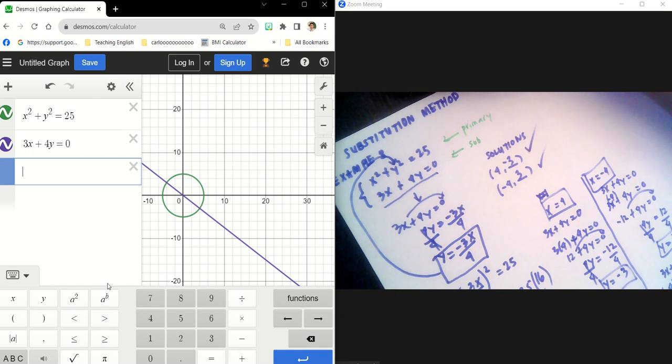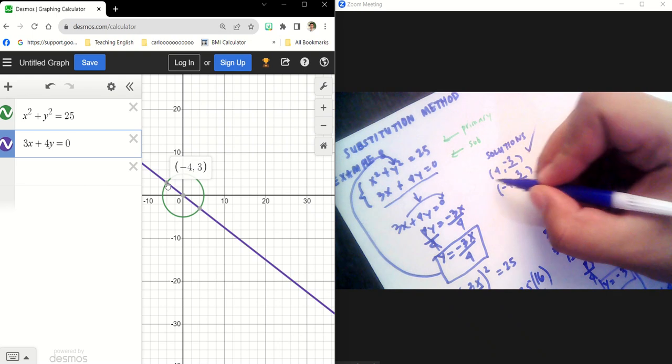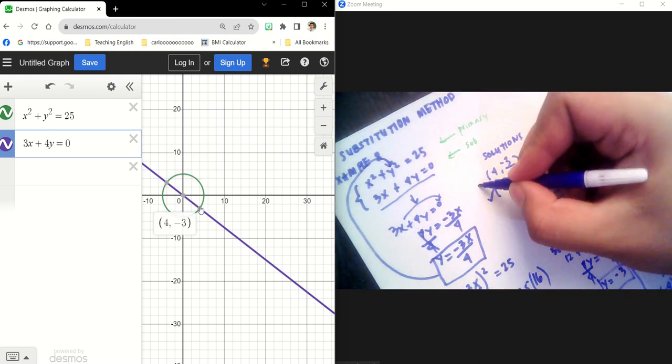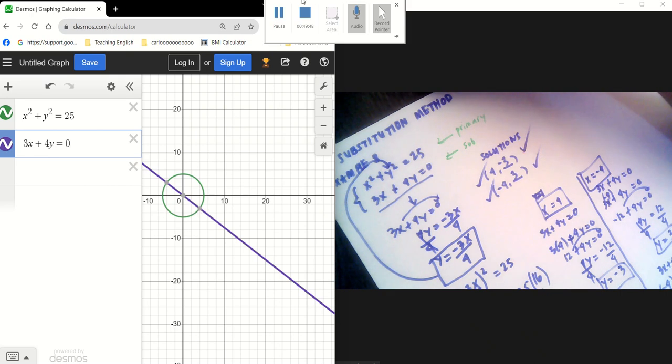Oh, they meet at certain points. Negative 4 comma 3, is this correct? Negative 4 comma 3, this is correct. And the other one is 4 comma 3. Wow. That's it for the substitution method. I hope you are not yet tired. Let us continue with the elimination method.